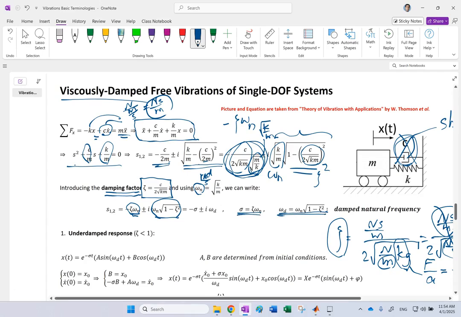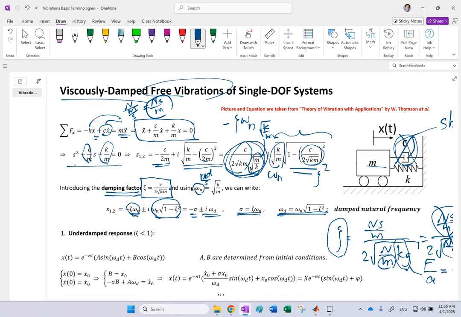So we can say the roots of the characteristic equation are negative sigma plus minus i times omega d. Okay? So if these are the roots of the characteristic polynomial, now what kind of response do I get in the free vibrations? If I move the system away from equilibrium and let it go, what kind of response do I get? I'm going to show you.